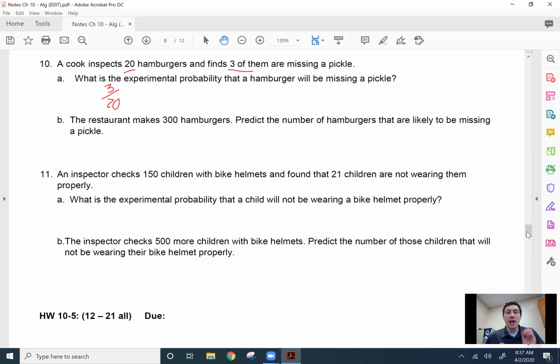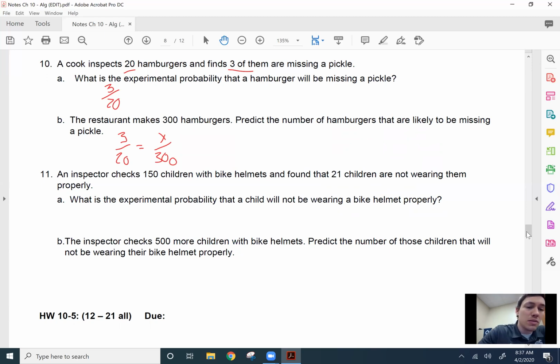So if out of every 20 hamburgers, 3 of them are missing a pickle, we can do this a couple different ways. I can think of this as 3 over 20 equals X out of 300, as a proportion.